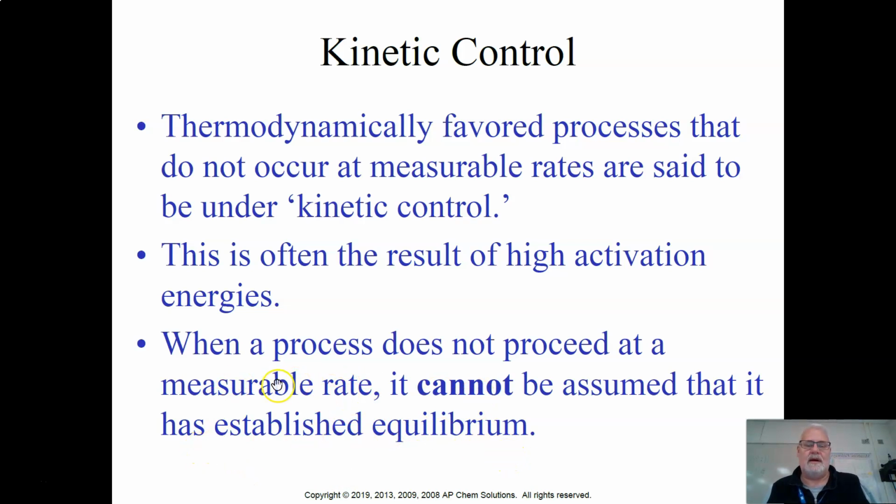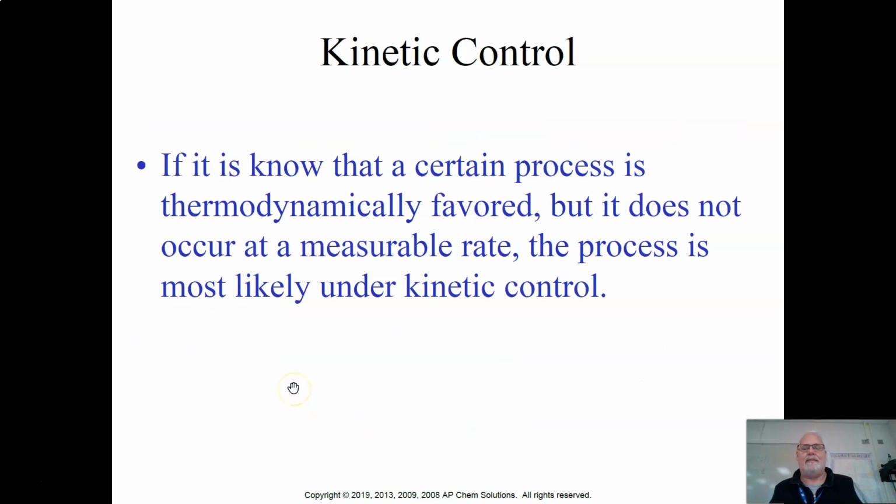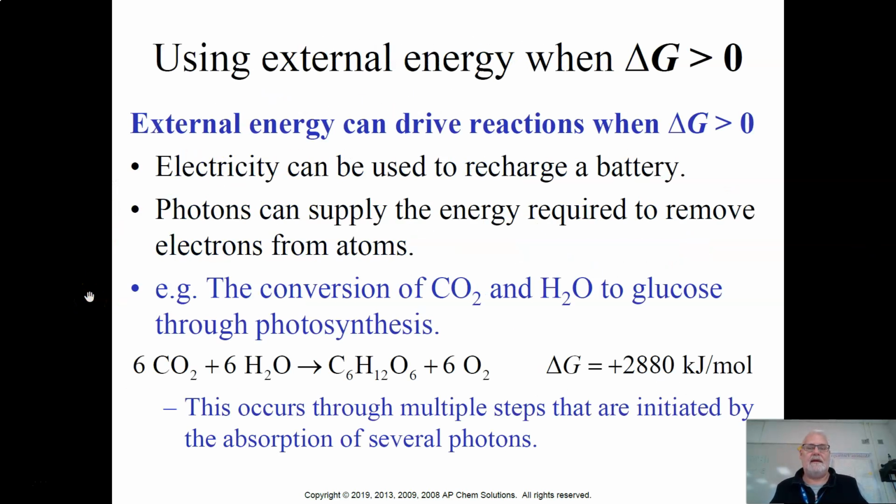Okay, so when that happens, this is the one that I want you to circle, this statement right here. If it is known that a certain process is thermodynamically favored, but it does not occur at a measurable rate, the process is most likely under kinetic control.